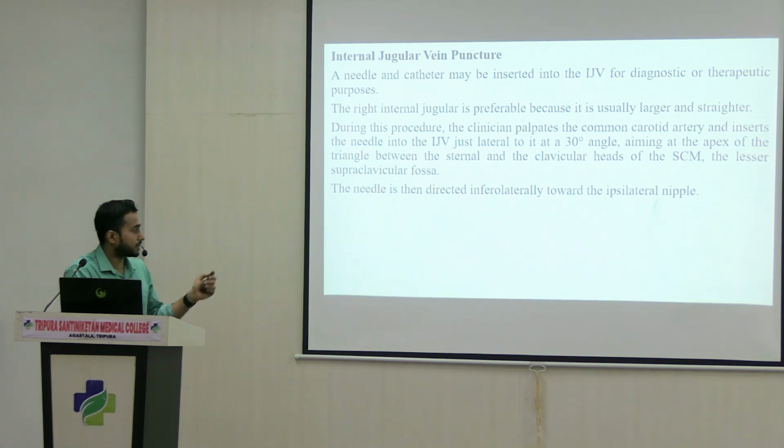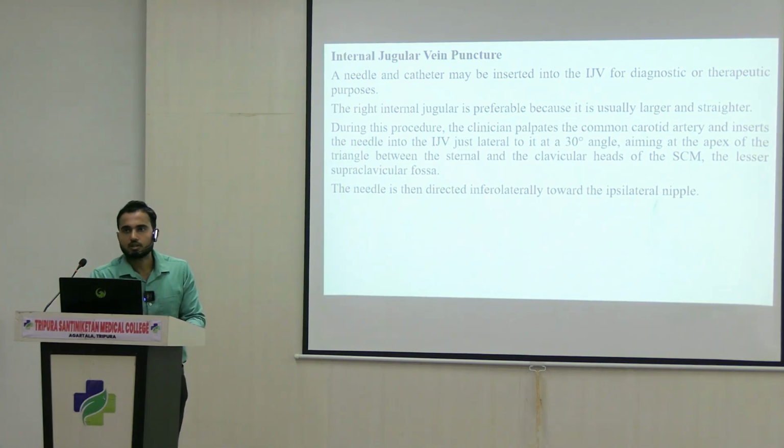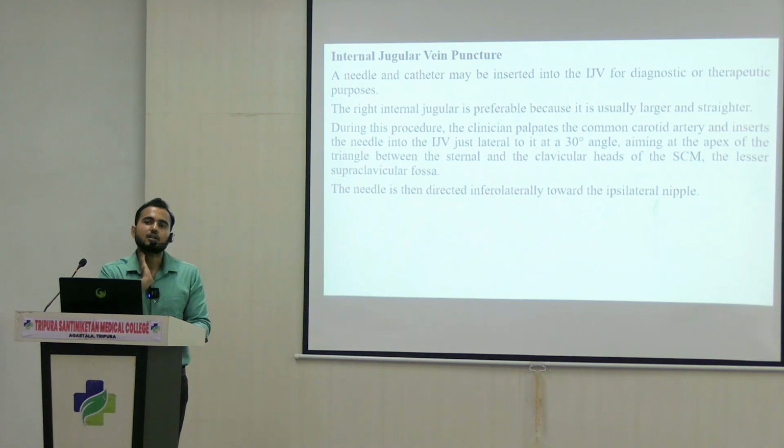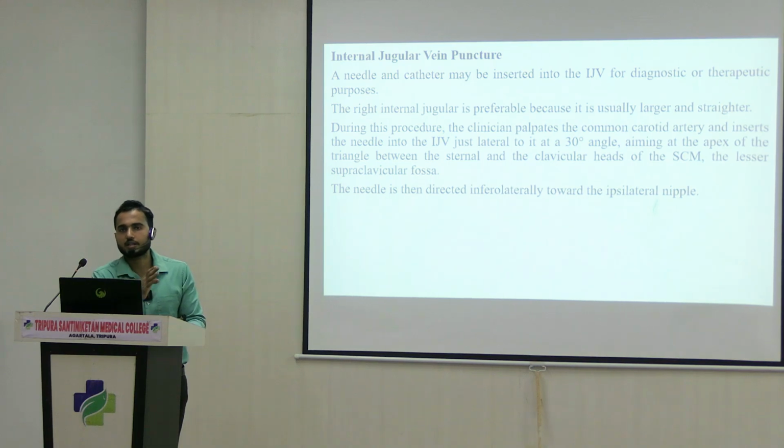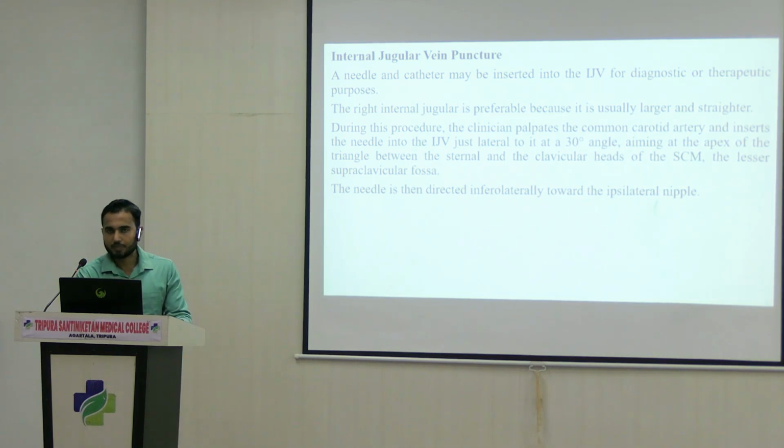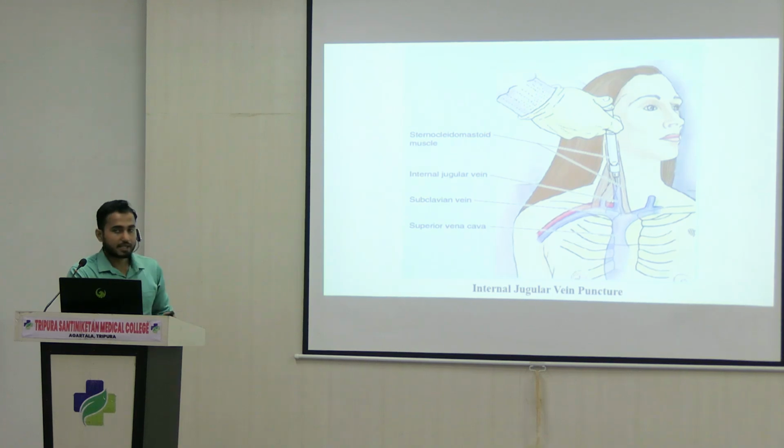So first you have to palpate the common carotid artery. From the common carotid artery you have to go laterally, and then when the needle is inserted, a slight 30-degree angulation is given, aiming at the apex of the triangle. So here you can see the diagram.